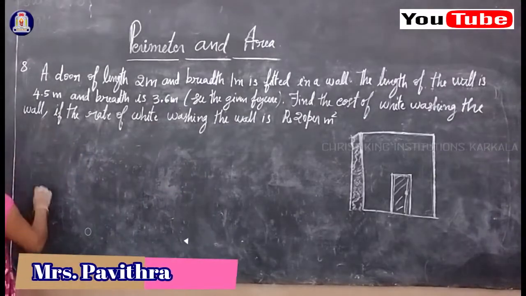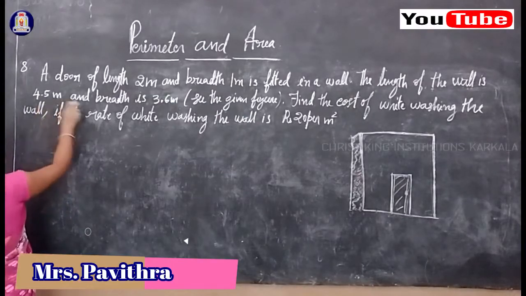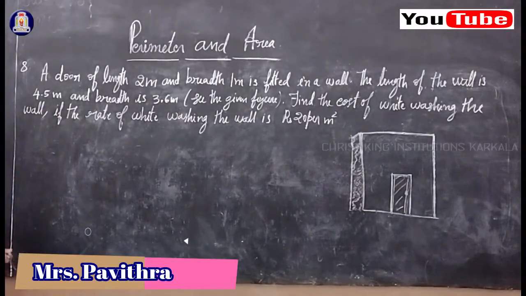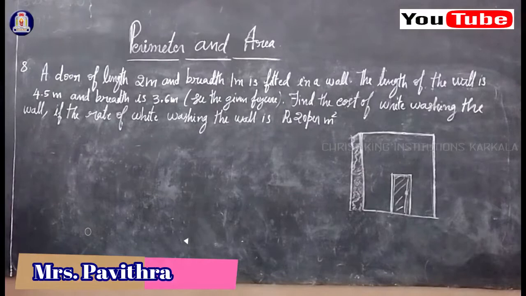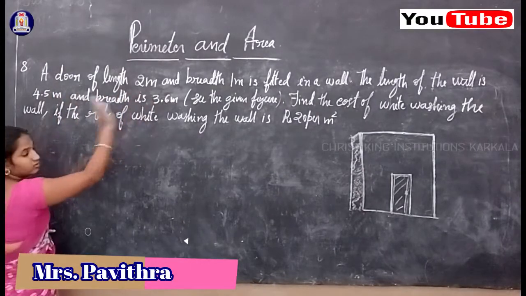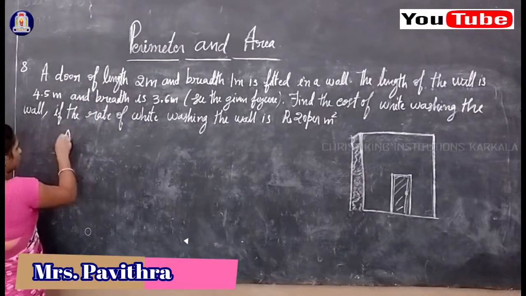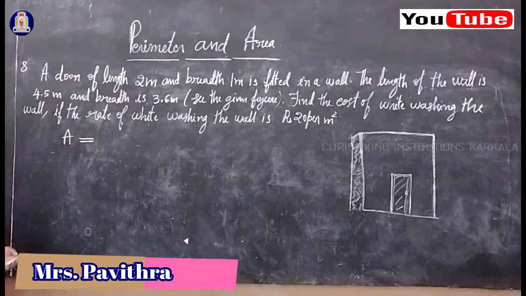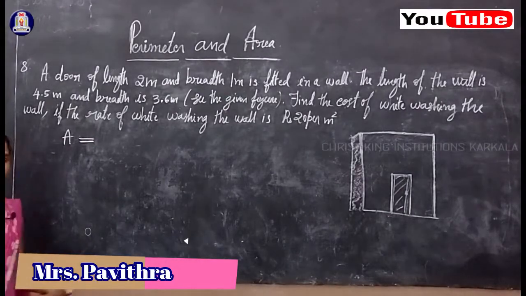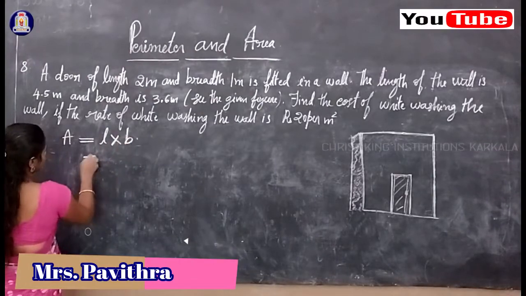To find the area, we must know length and breadth. First they gave the length and breadth of the door, so we'll first find the area of the door. The door also is in the shape of a rectangle. You know the formula: area of rectangle is length into breadth.